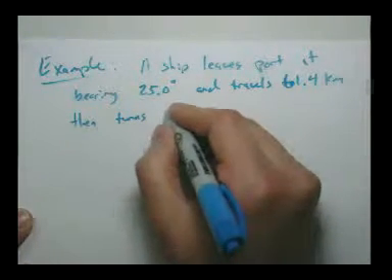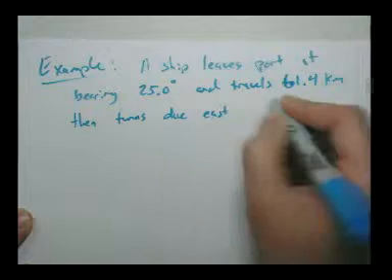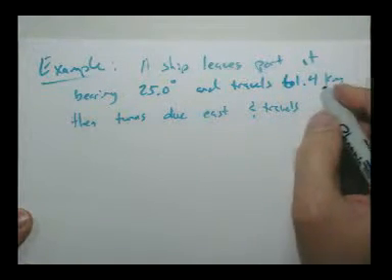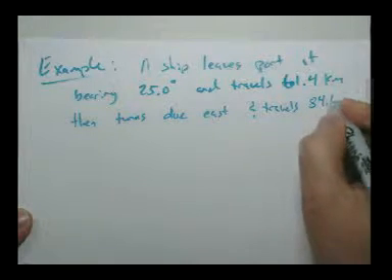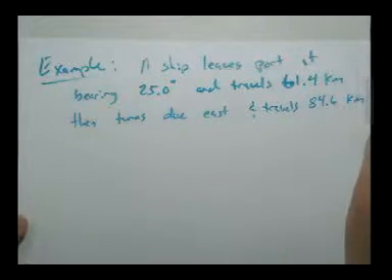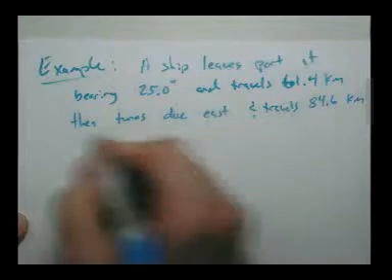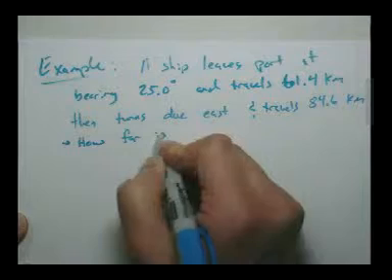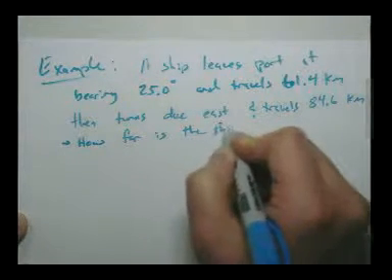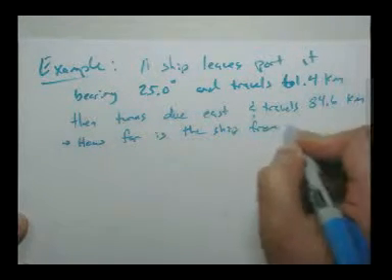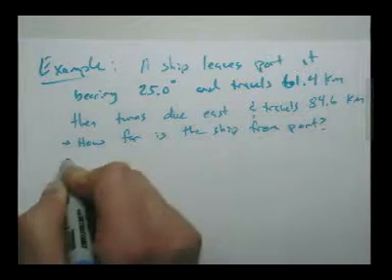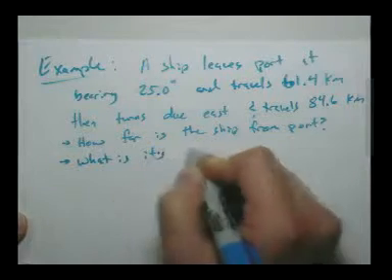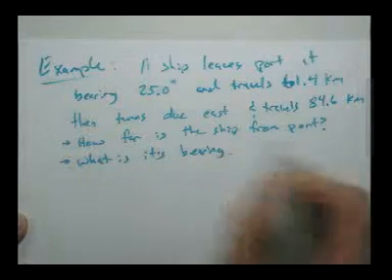Then it turns due east and travels 84.6 kilometers. And we have two questions. Question 1: how far is the ship from port? Question number 2: what is its bearing?